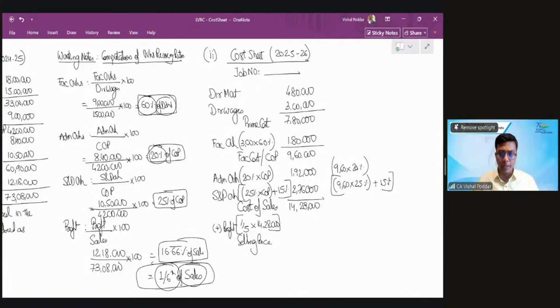So if it is 1/6 of sales, it will be 1/5 of your cost. Correct, na? So 285,600. So my selling price for this particular job should be 17 lakhs 13,600. Right? Is this clear to everyone, students?